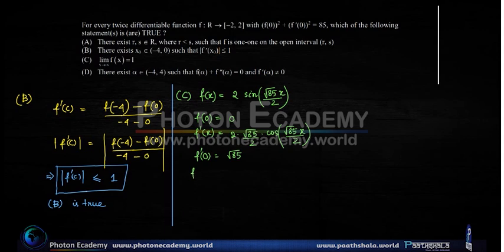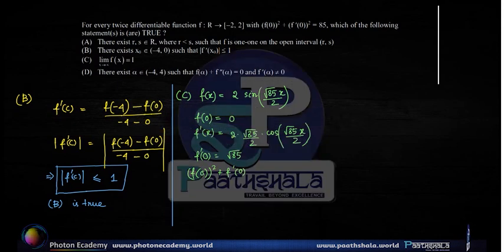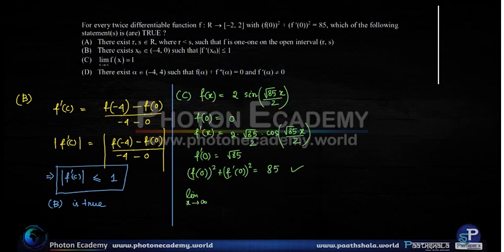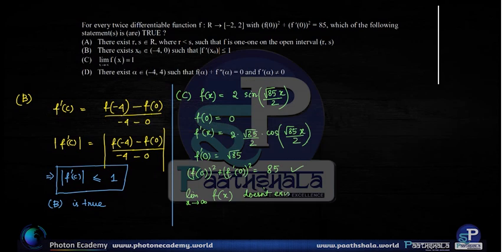So f of 0 square plus f dash 0 square is equal to 85. It satisfies the given equation, but we see that limit x tends to infinity of f of x doesn't exist. That implies option C is false.